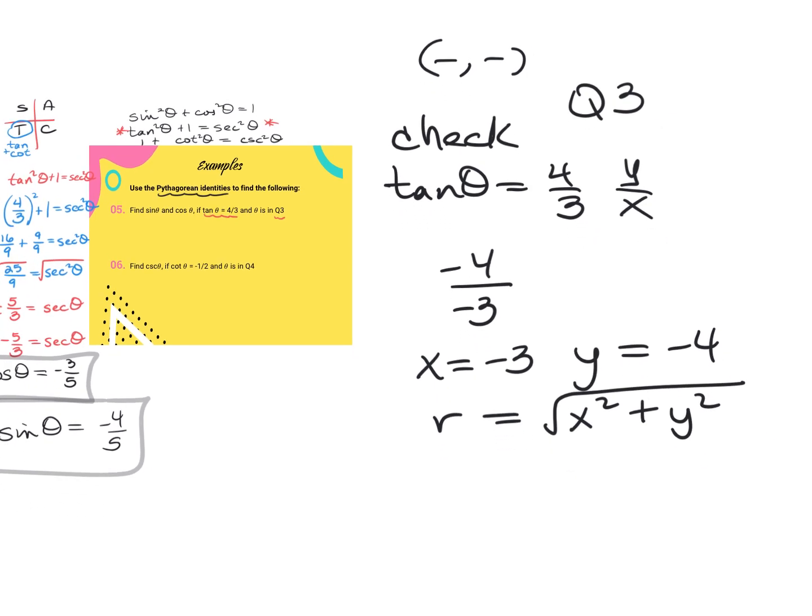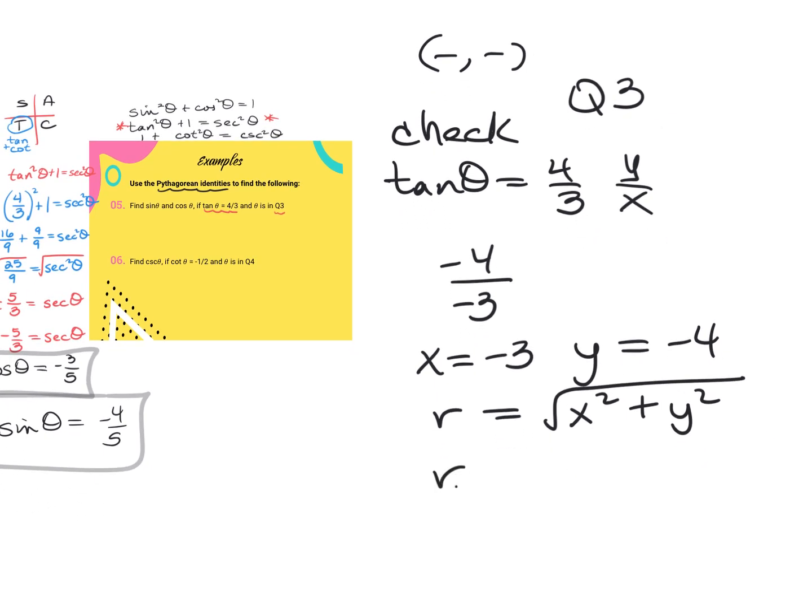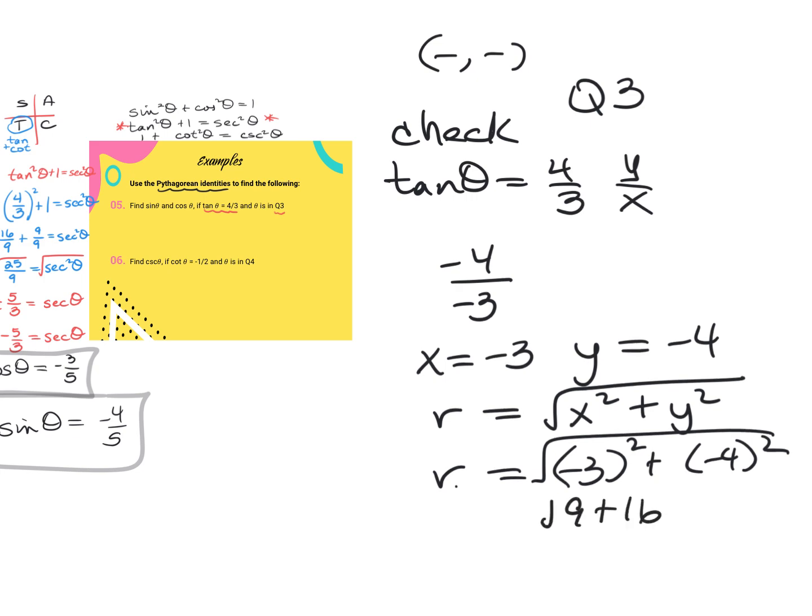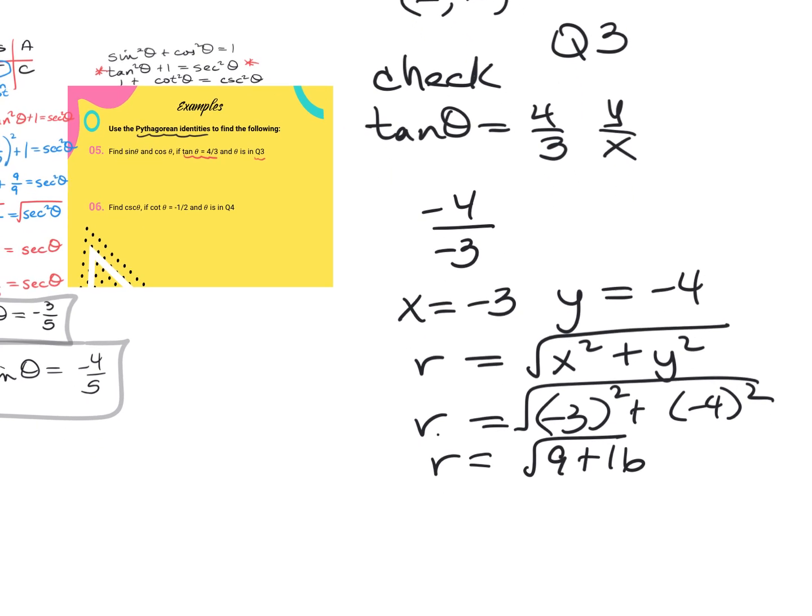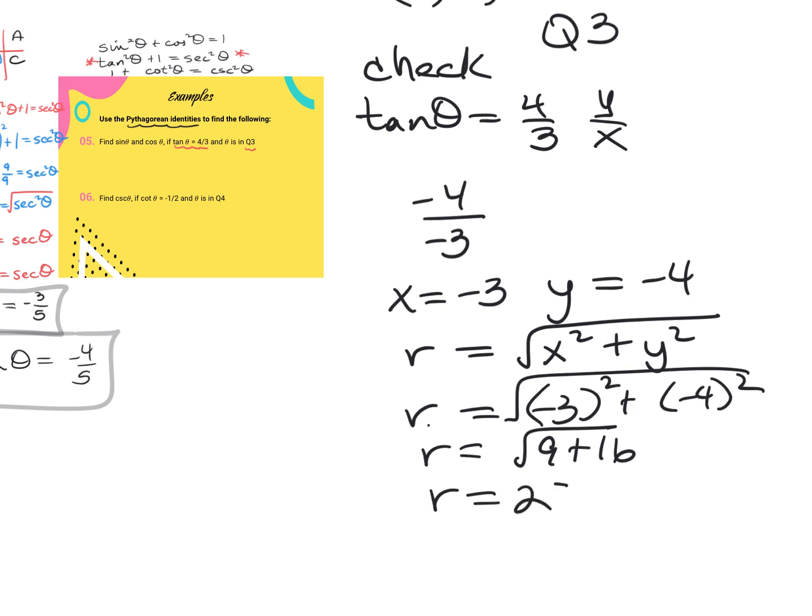We get -3 squared plus -4 squared, 9 plus 16, 25, square root it, and your radius is 5.